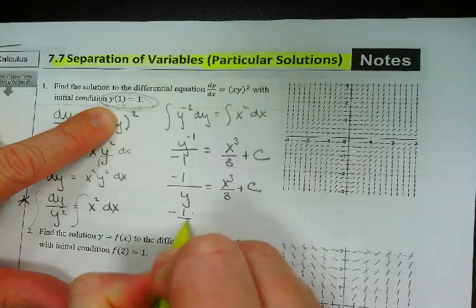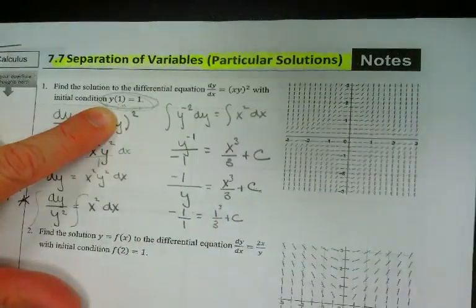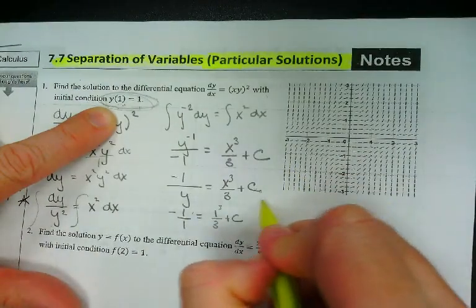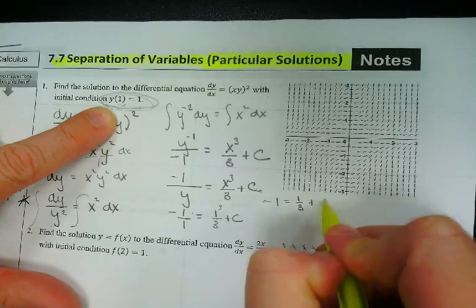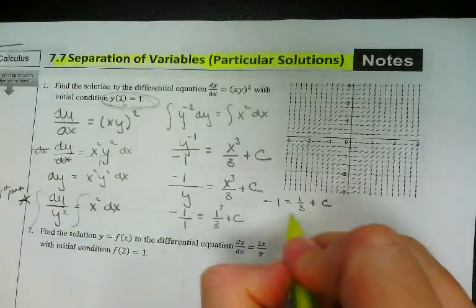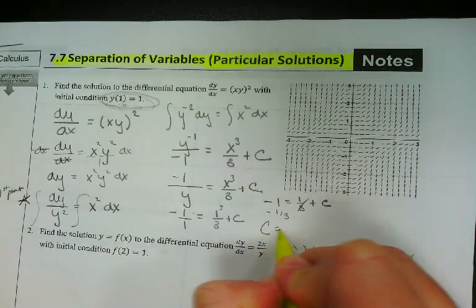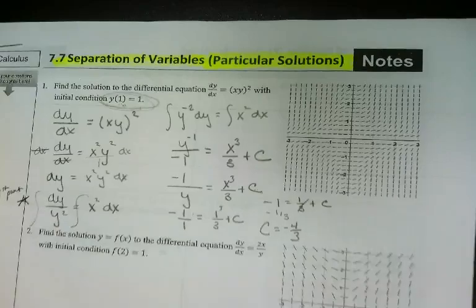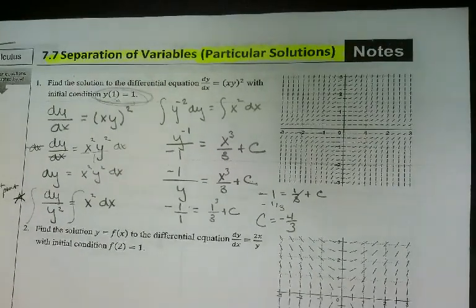I'm going to have negative 1 over 1 equals 1 cubed over 3 plus c. So that gets me negative 1 equals 1/3 plus c. I'm going to subtract that 1/3 over. So I've got c equals negative 4/3. Now, I'm not done until I solve for y, remember.